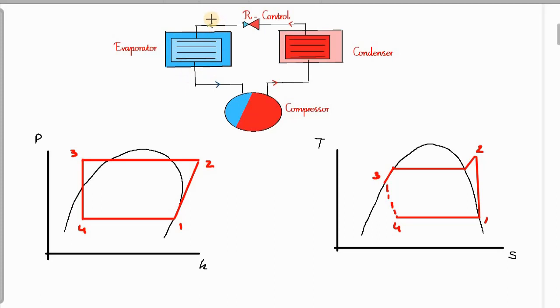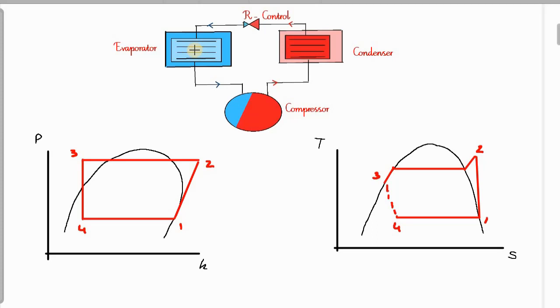When the low pressure refrigerant enters this evaporator, because it is under low pressure, the temperature will also be low. Due to the low pressure, the boiling point of the refrigerant decreases, and the refrigerant starts boiling and is converted from liquid phase to vapor phase.